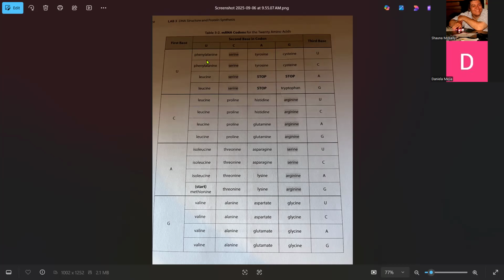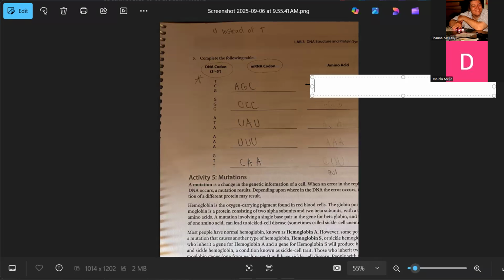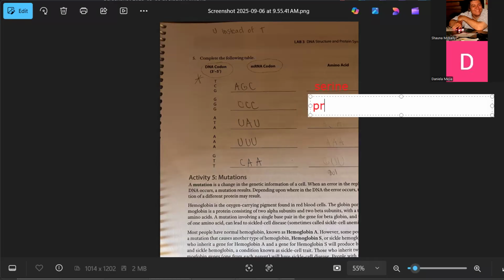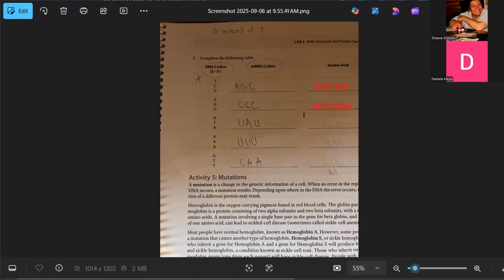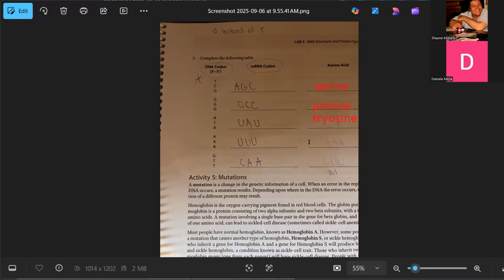So this was serine, proline, triazine, and phenylalanine. Hold on.